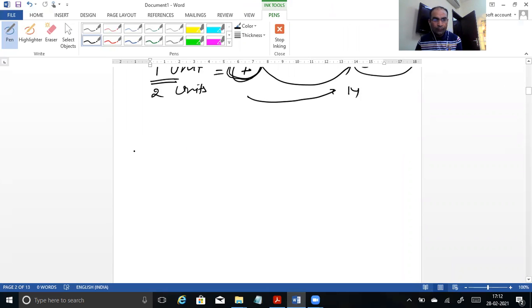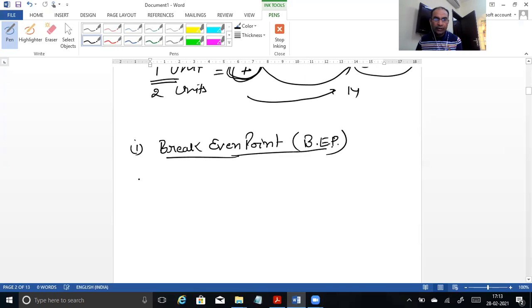So the very basic formula for marginal costing is break-even point, BEP. In the exam, they can ask you about break-even point in terms of units or in terms of value.